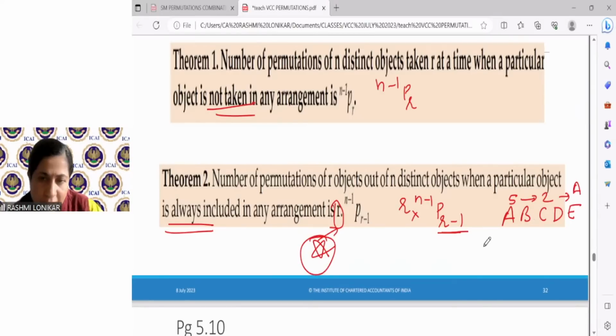Now only one place I have to find anew. So what can happen? B, C, D or E, but A is always there. Or I can have it the other way round, with A second. I can have this or this. That is why the formula becomes r into n minus 1 P r minus 1.